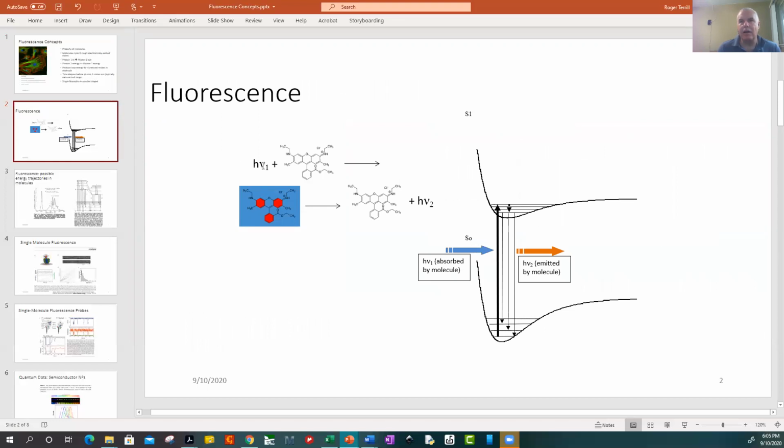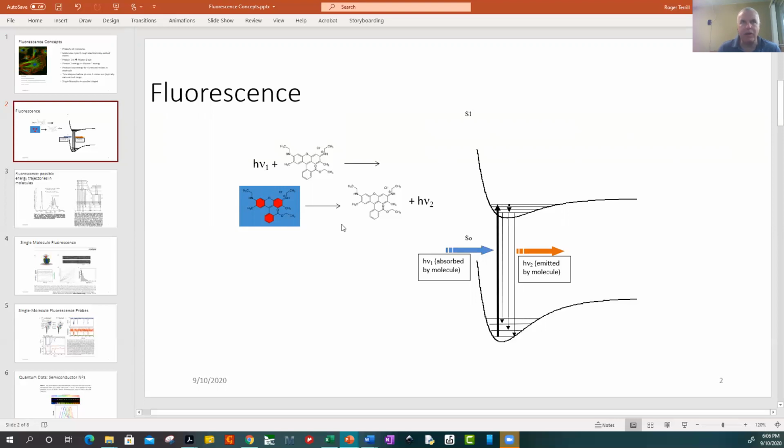So, a photon encounters a fluorescent molecule. The molecule absorbs the light, creates an excited state, which then relaxes and emits a new photon at a new frequency. So is the new frequency higher or lower than the incident frequency?